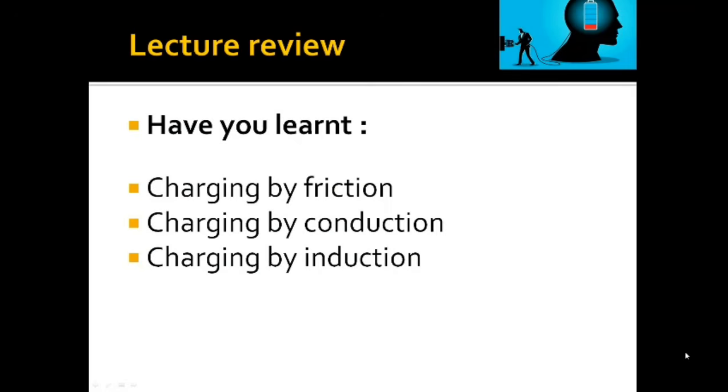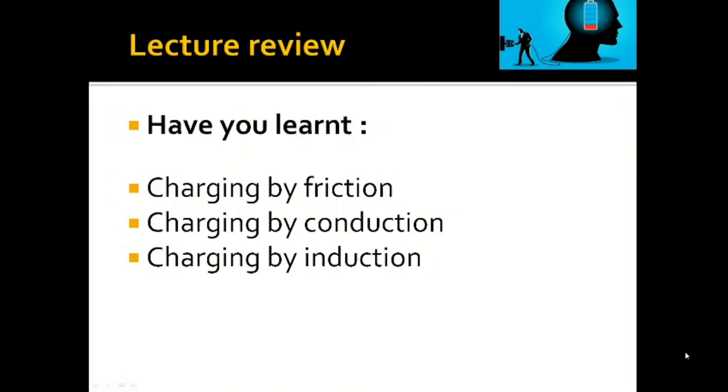Now let's proceed. Talking about our lecture review, I have taken you through a lecture on how to charge by friction, how to charge by conduction, and how to charge by induction. I hope you're very comfortable with this. If you are not, the very first one, charging by friction, occurs when two insulating neutral bodies are brought together and rubbed on each other, such that one rubs off electrons from the other.